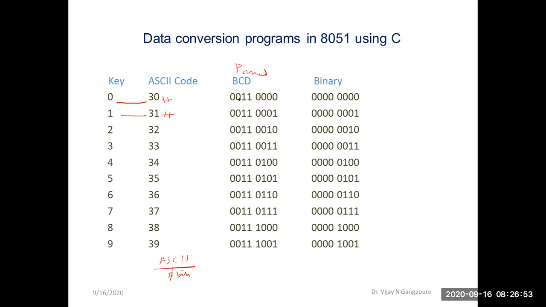So 3 is 0011 and 0 is 0000. In this way, all the keys have these ASCII codes ranging from 30 to 39, and its BCD code. So 30 has the packed BCD code 0011 0000.